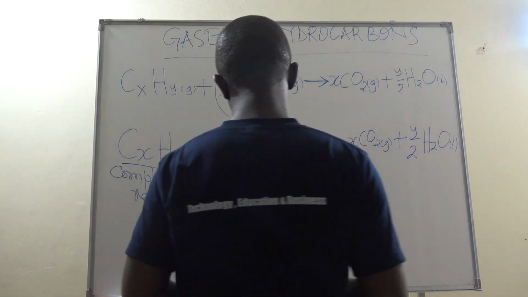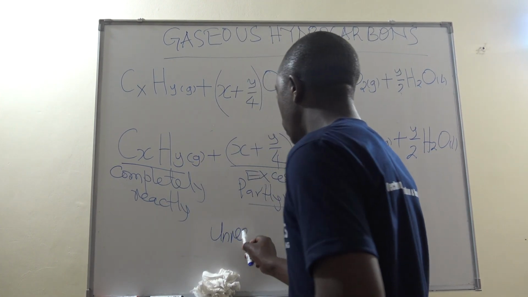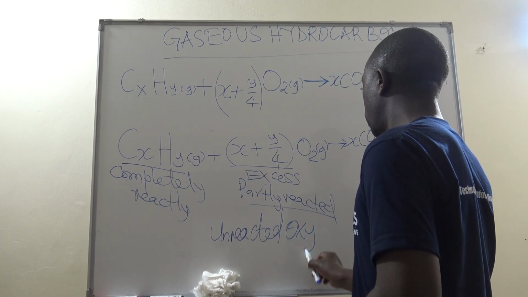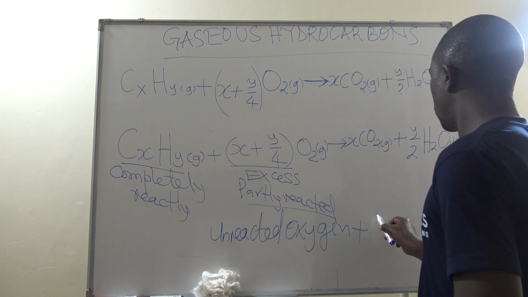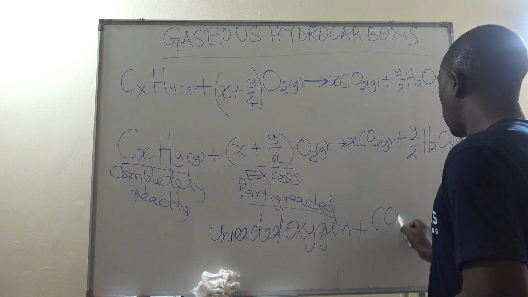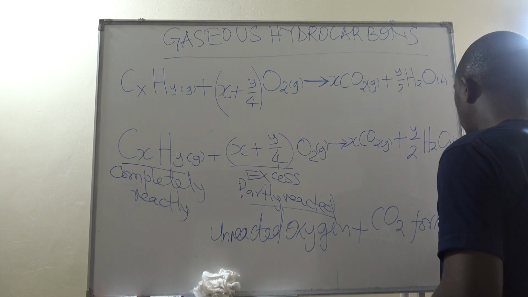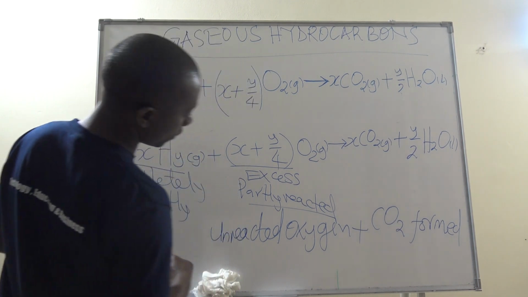So, the unreacted oxygen plus the carbon dioxide gas formed, because those are the two gases that are present after the reaction.